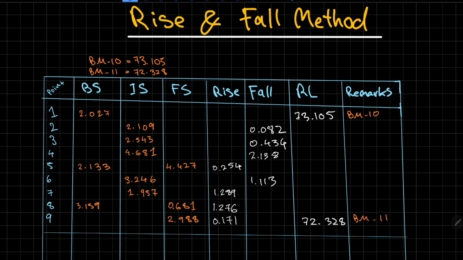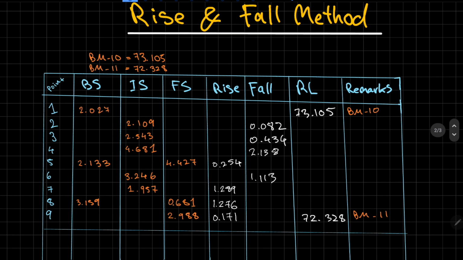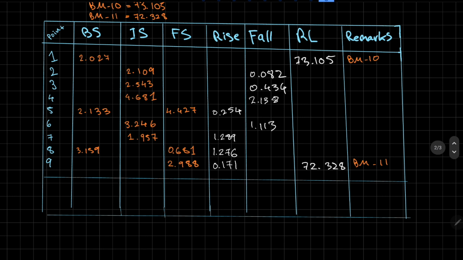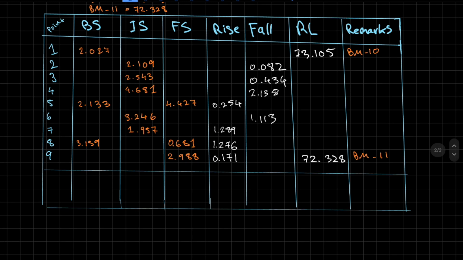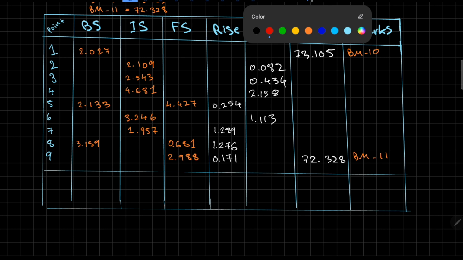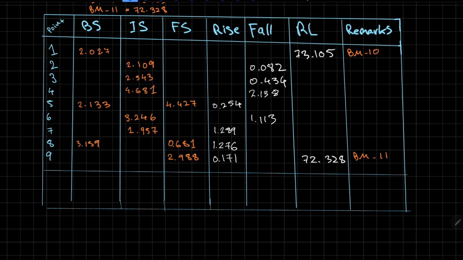Okay, so now we have calculated all the rise and all the fall. The next step is to do a sum check. A sum check is very important as it checks that the calculations you have done so far are correct. This is a very important rule I'm going to write.